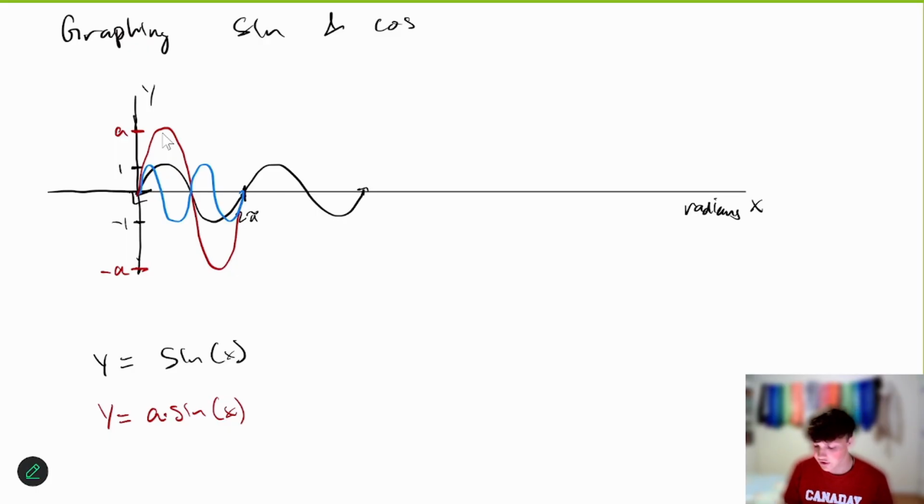Okay? If we wanted to graph this, what we would do is we take y equals sine of 2x. We put the constant, instead of on the outside for a vertical stretch, on the inside of the parentheses, inside the sine function, okay?